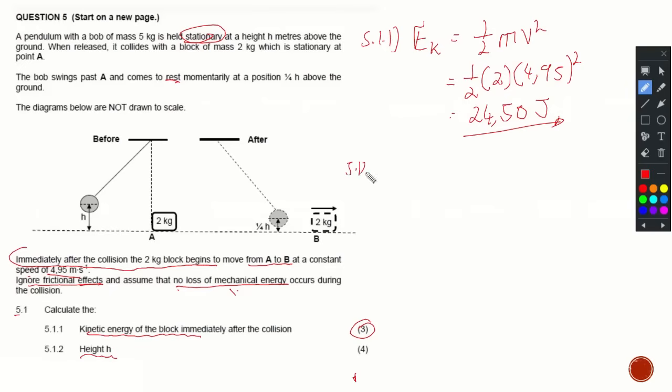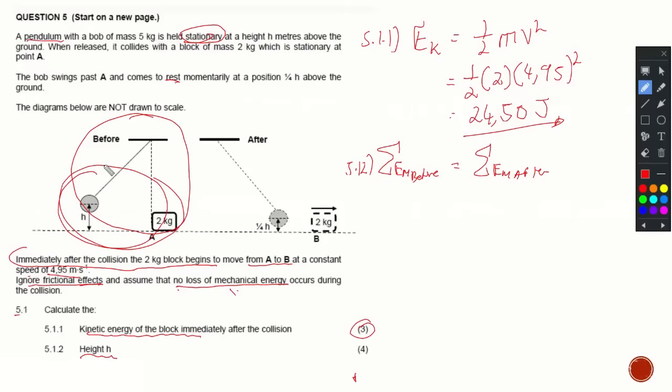Right. Okay, now 5.1.2 says calculate height h. So how do we then calculate height h? Note that this is the before, and then this is the after. So we can start by saying sum of mechanical energy before is equal to sum of mechanical energy after. Now note that we have to take the bob and the pendulum as one object, one item.